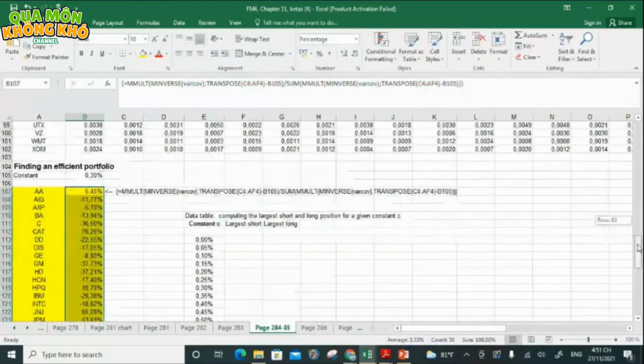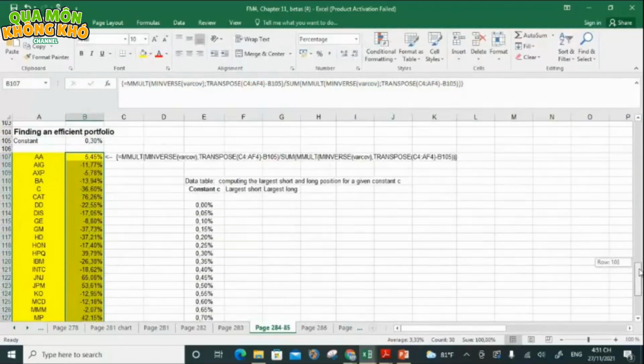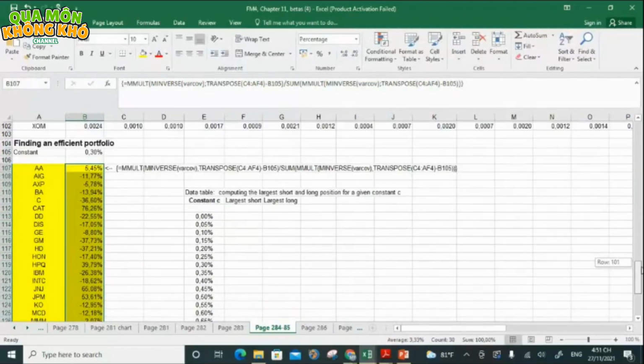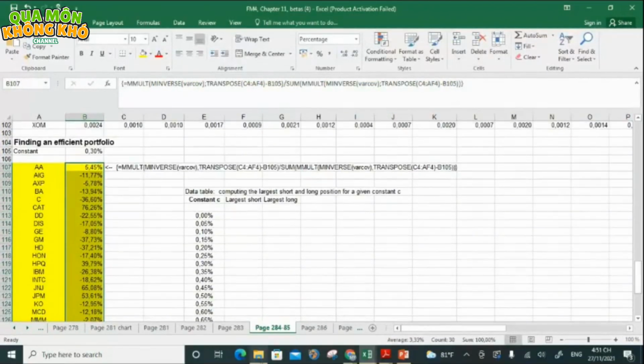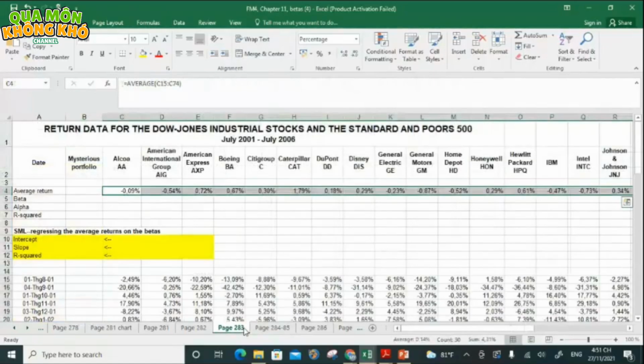So now we have found the efficient portfolio, and now we will use this to calculate the mysterious portfolio.